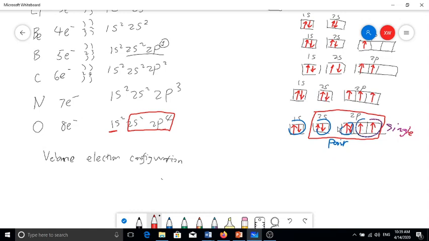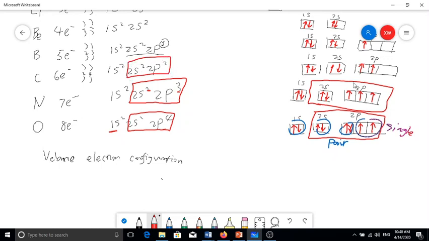Similarly, you can see the case of nitrogen. The valence electrons are 2s2, 2p3, and even though there are 5 electrons, there's only 1 pair and 3 singles. Carbon has a valence electron configuration of 2s2, 2p2, and there are 1 pair and 2 singles.